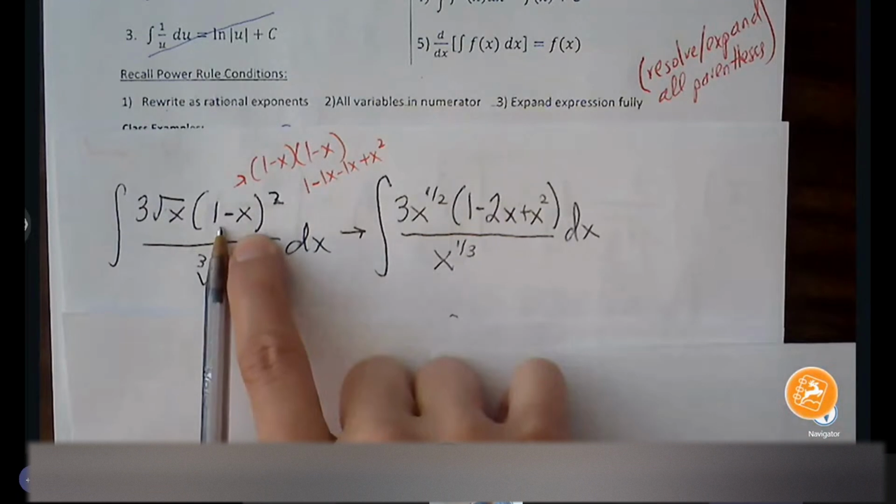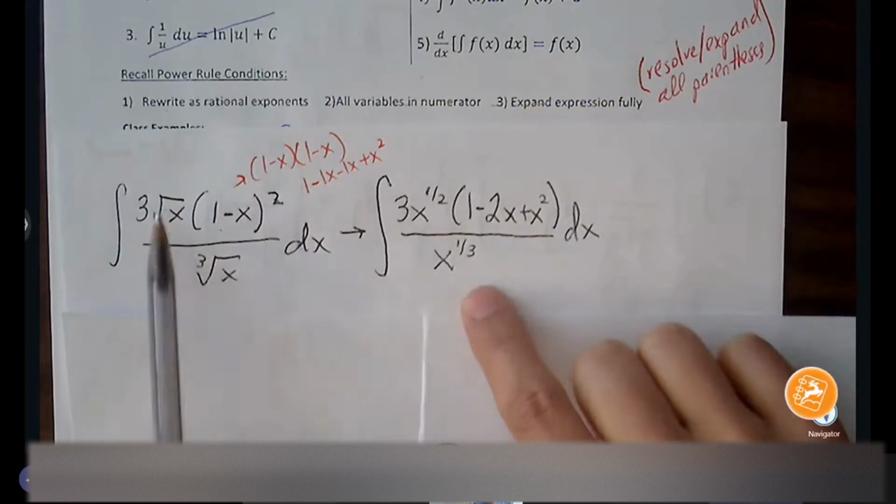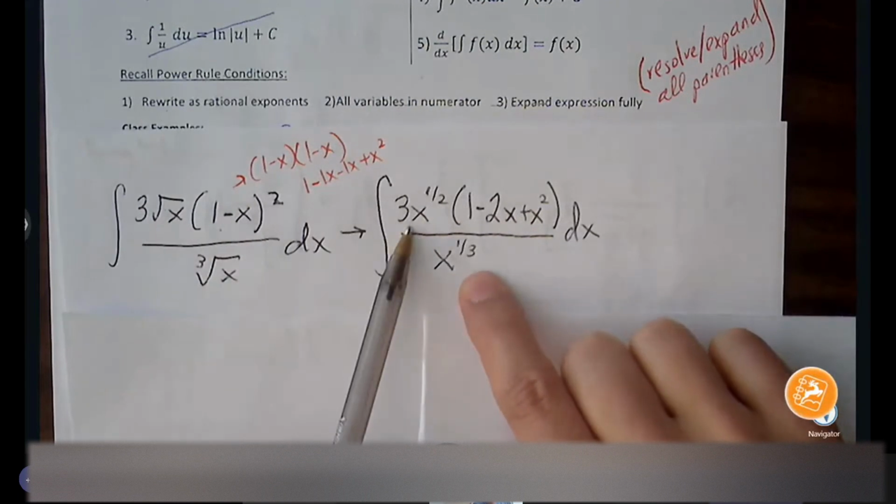So I took the results of this foiling process and put it here. Radicals converted to rational exponents.